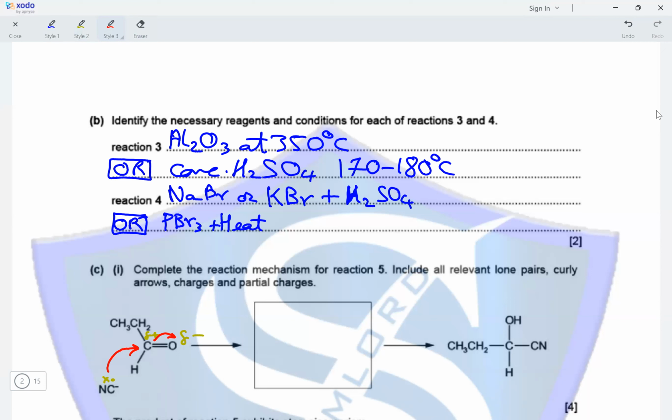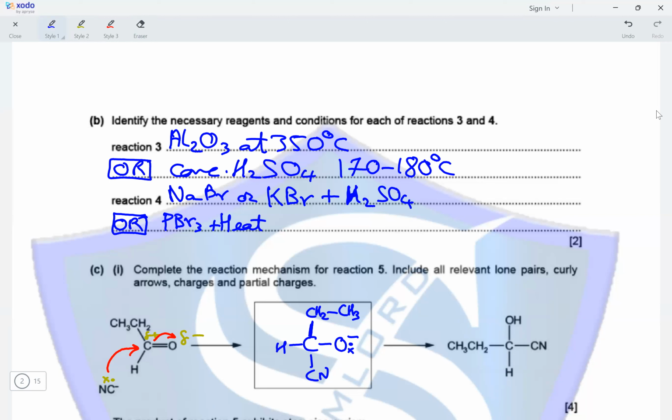the intermediate with the carbon atom bonded to a single oxygen atom having a negative charge on it. The other parts of the molecule include a CN group, a hydrogen atom, and a CH2 along with the CH3 groups attached to the central carbon atom or the carbonyl carbon atom.